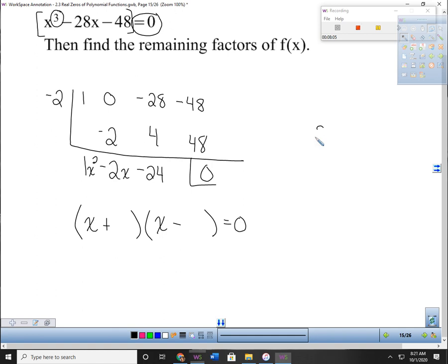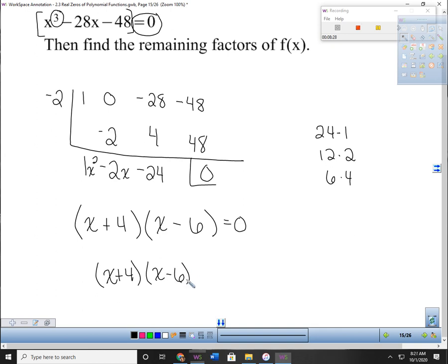Let's see, 24. We've got 24 and 1, 12 and 2, 6 and 4. So 6 and 4. And I want the middle term to be negative, so I'm going to put the bigger of those two right there. So your remaining factors are x plus 4 and x minus 6.